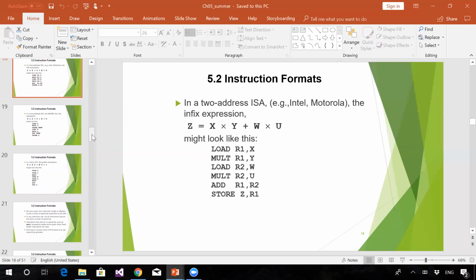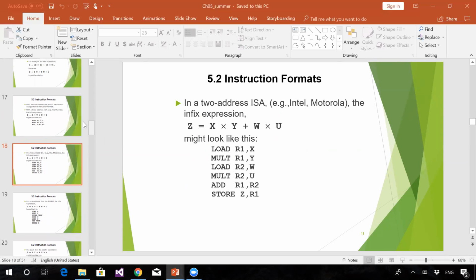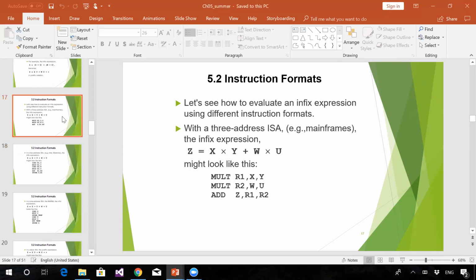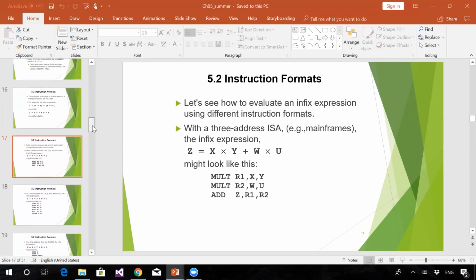Well, for example, if we want to do the calculation of the formula z equals x multiply y plus w multiply u, there can be many ways of writing this out as assembly language in different instruction set architectures. Okay, so let's see the example.